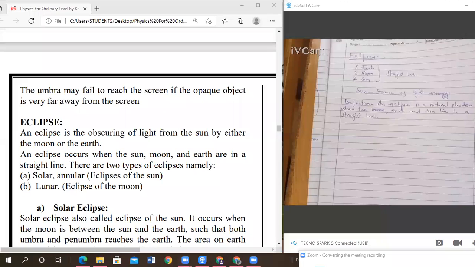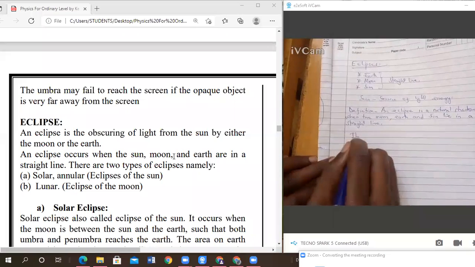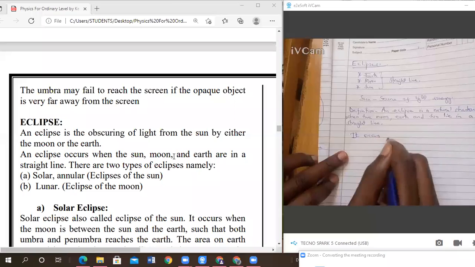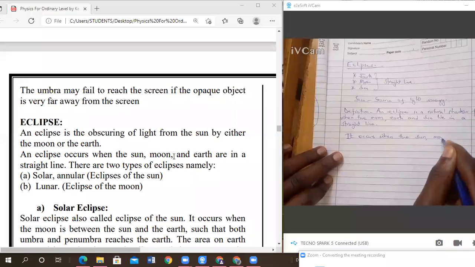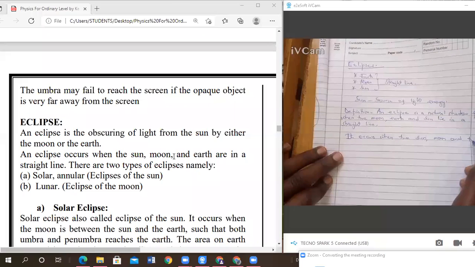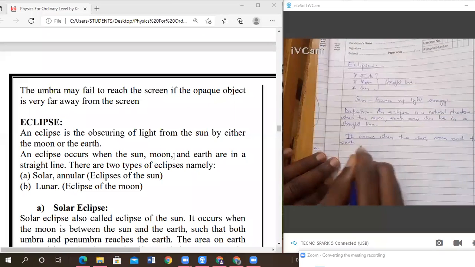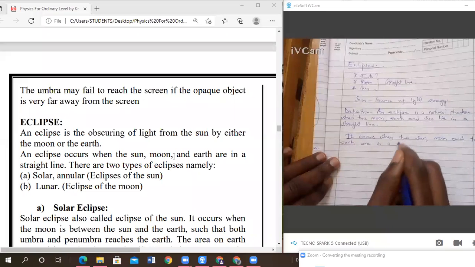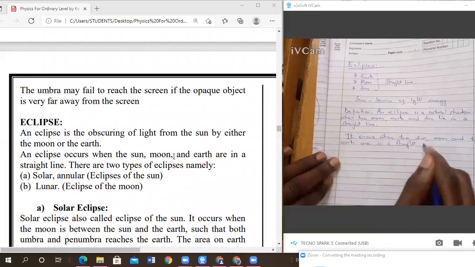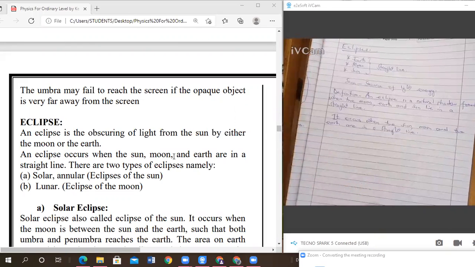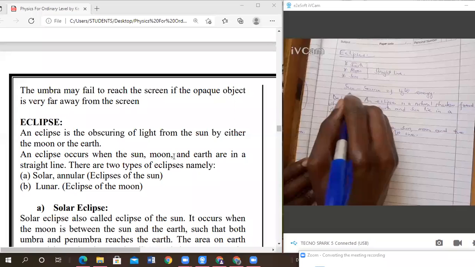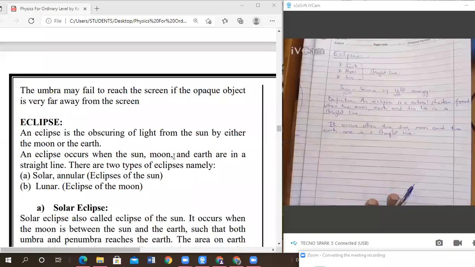It occurs when the sun, the moon, and the earth are in a straight line. The sun is the source of light.